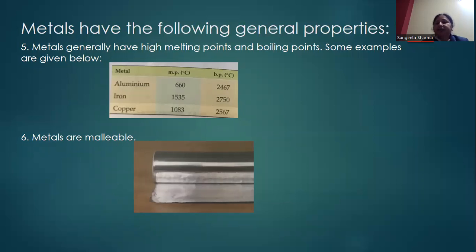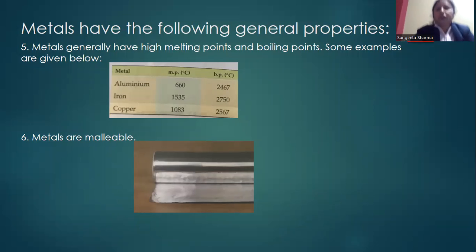It's very high. Iron's melting point is 1535 and boiling point 2750, and copper's is 1083 and boiling point of copper is 2567. So you can see in this table, the melting and boiling points of all these metals are very high.